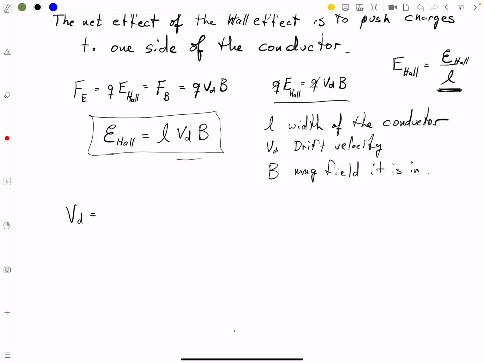So we can, and if we're given the Hall EMF, and we divide that by the width of the wire and the B field, then we'll have the drift velocity, straight up drift velocity. Okay, so why am I pointing out the drift velocity? Well, here's why.